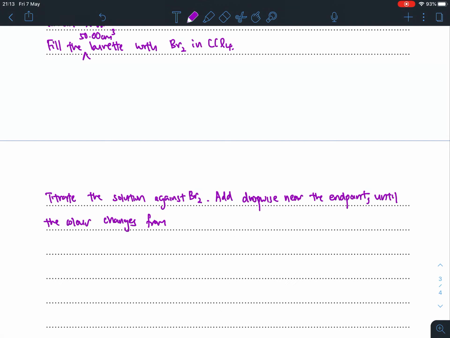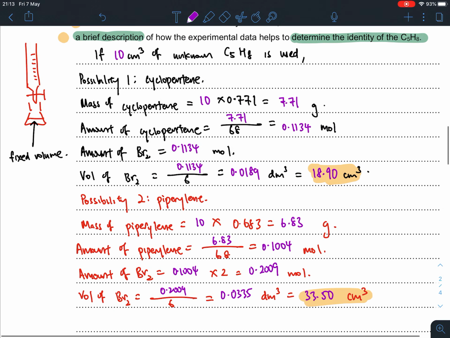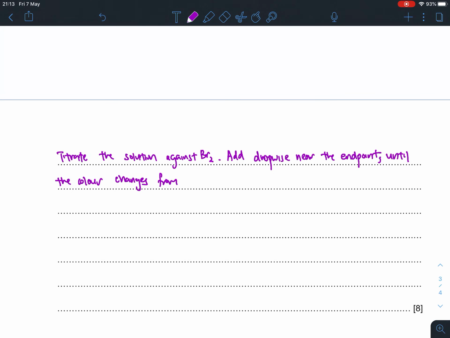In this case, we are always observing the color change in the conical flask, which we know is C5H8 at the start. And the question has already mentioned that this is a colorless solution, which means that before you add in any Br2, it should be a colorless solution.